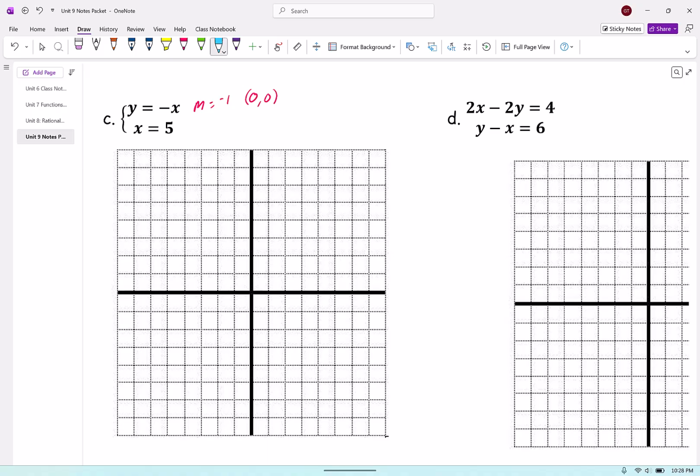1, 2, 3, 4, 5. Let's go right down this line. And then starting at 0, 0, give me -1 over 1, -1 over 1.